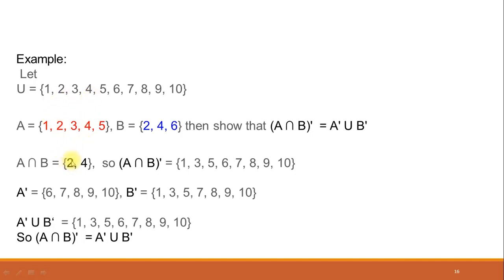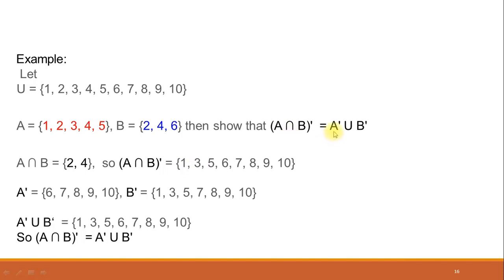Cancel these two elements 2 and 4 from the universal set and write the remaining elements 1, 3, 5, 6, 7, 8, 9, 10. So this is the (A intersection B) whole complement set.